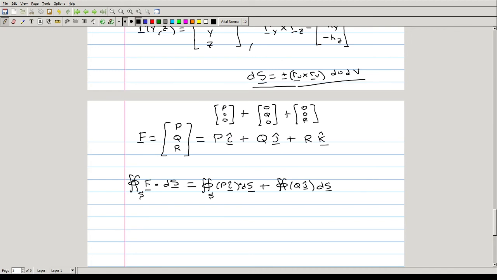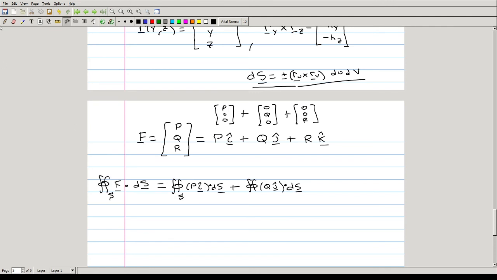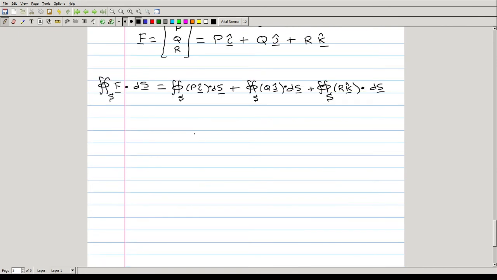We have a dot product here as well. And then lastly, plus the surface integral of R k hat. And we're going to consider each one of these integrals individually, because this is where the real magic is going to happen.